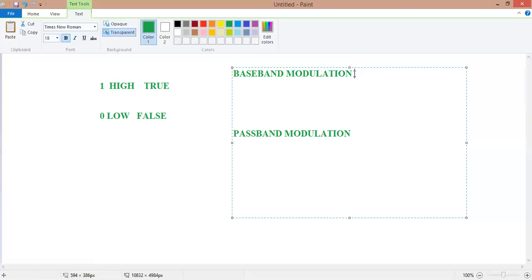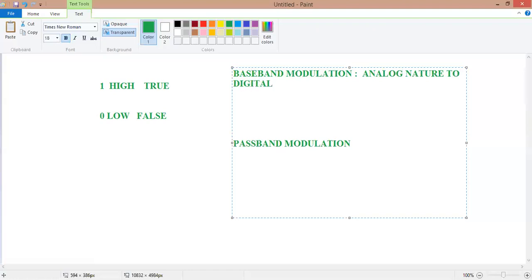So I need to convert it into digital form. Converting from analog nature to digital nature is possible using some modulation techniques. Those are known as baseband modulation.